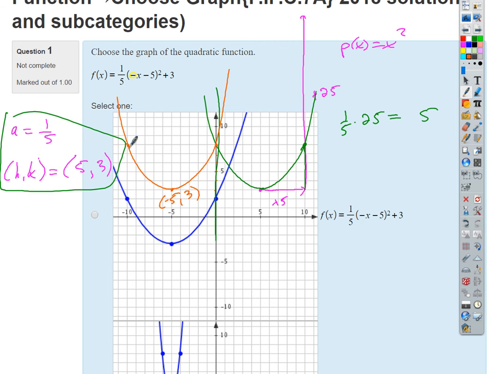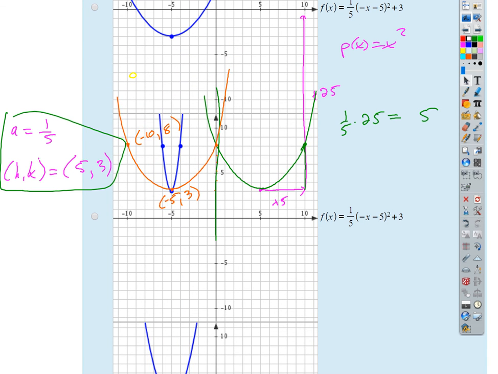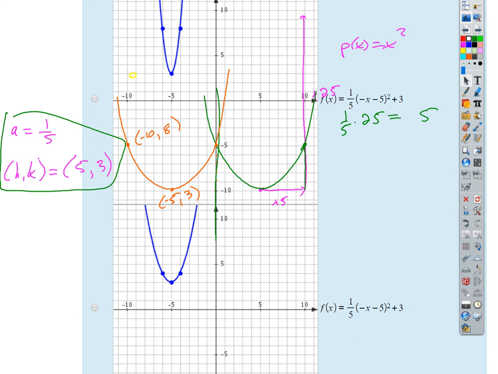Let's pick one other point that we can make sure we match up. So if I'm going back 5, that's going to be -10, and then up by 5 would give me 8. Everybody agree? That's the one we got to find, right? Okay, so tell me when.